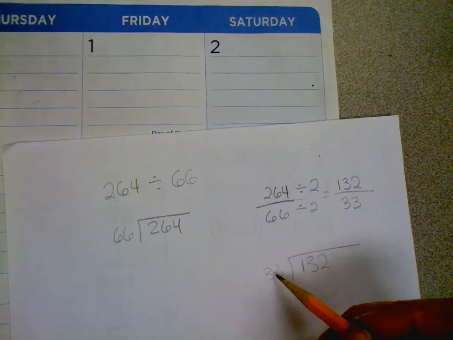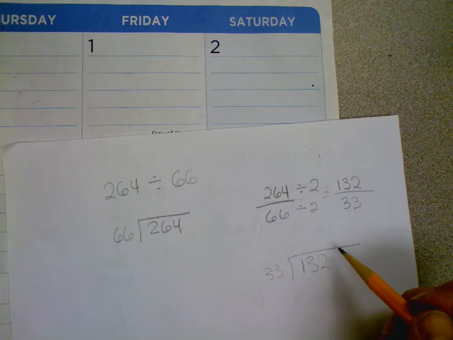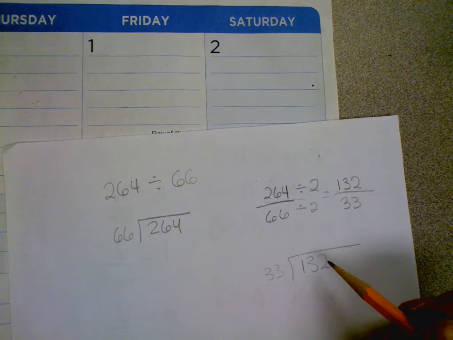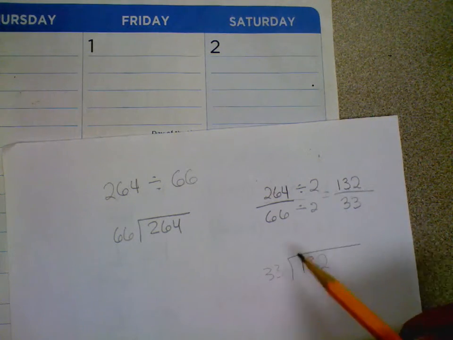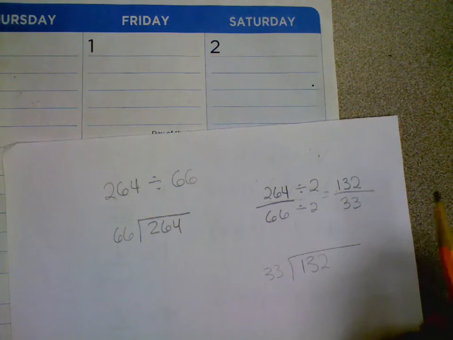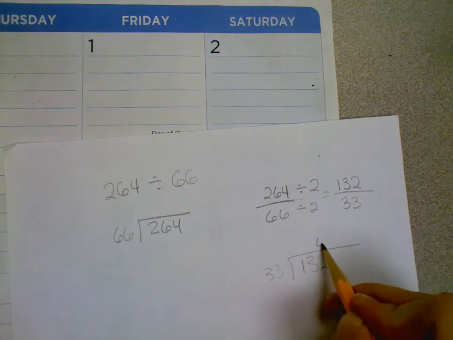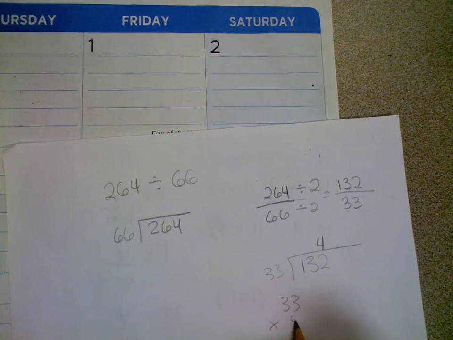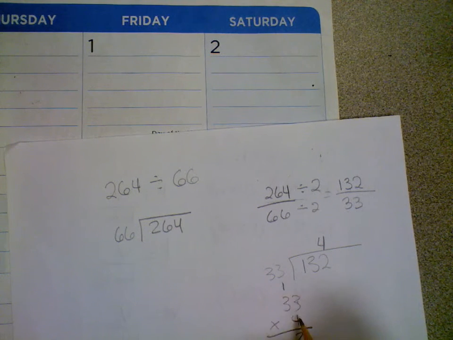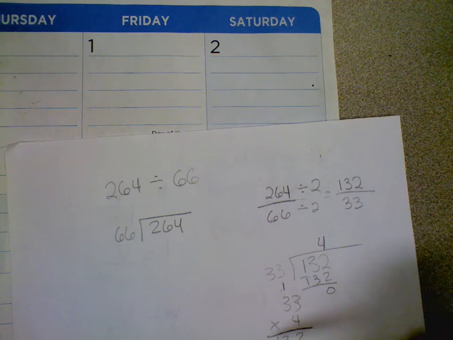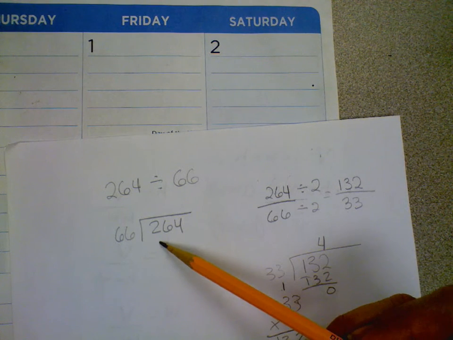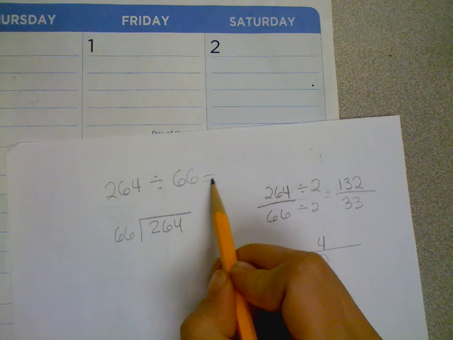How many groups of 33 can you make out of 132? Well, I know that, let's say 3 groups. 3 groups of 33 would be 99. So let's go with 4 groups and see how that works. Looks like it works and it comes out nice and even. It was a little easier for me to see with these numbers versus 66 and 264, but you can use either way, whatever works for you.